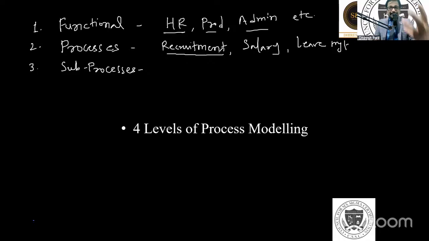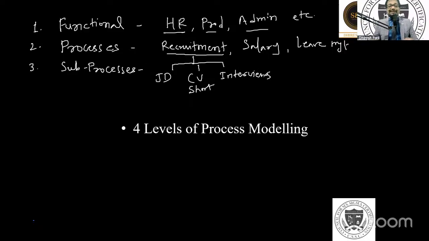Negotiation, and to the selected people you have to give the offer letter, all those sub-processes. Clear? So, let me write some of them. In recruitment, you have sub-processes like job description, CV shortlisting, and interview processes, etc. All these are sub-processes of recruitment.